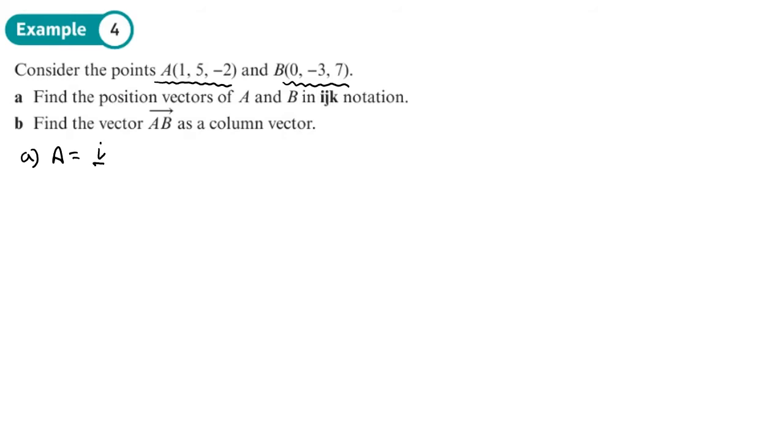So that's i plus 5j minus 2k. So that's A. And B, now you could put 0i, but like algebra you don't need to. You can just start by putting minus 3j plus 7k. So when one of them is 0, you don't need to write it down. You could, but it's not necessary.